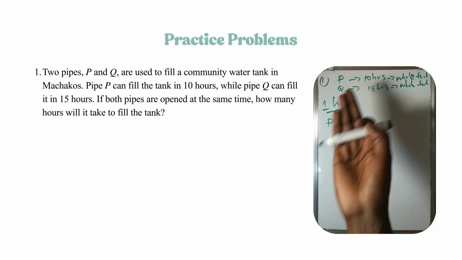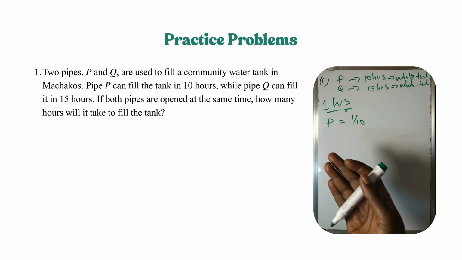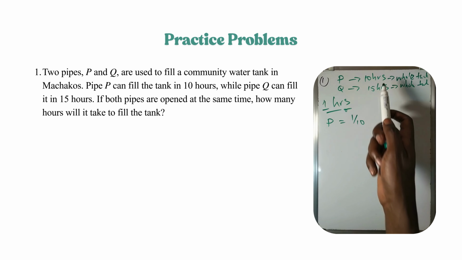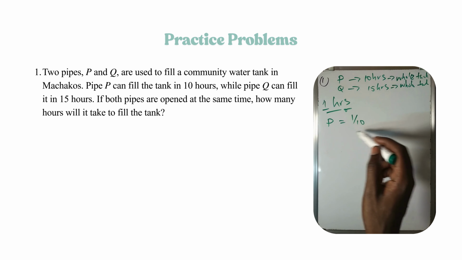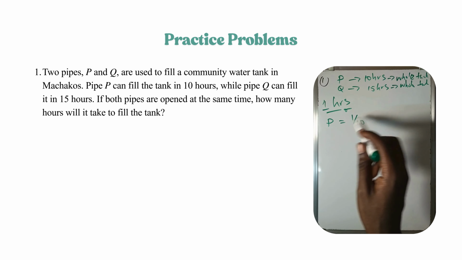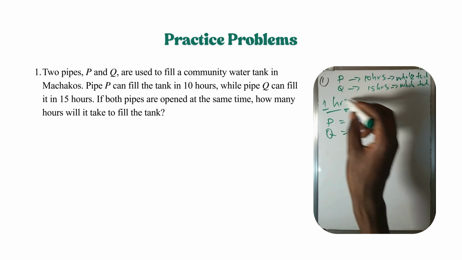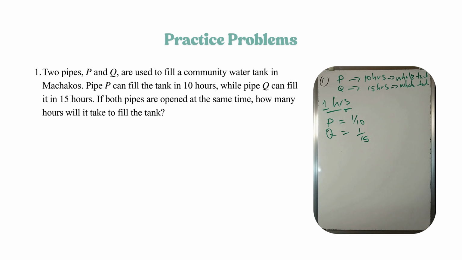You see, in 10 hours it fills the whole tank, and in fractions 1 is just a whole. So in 1 hour, it will fill 1 over 10 of that tank. Now, this is the volume that will be filled in 1 hour. For Q, the volume that it will fill in 1 hour is 1 over 15.